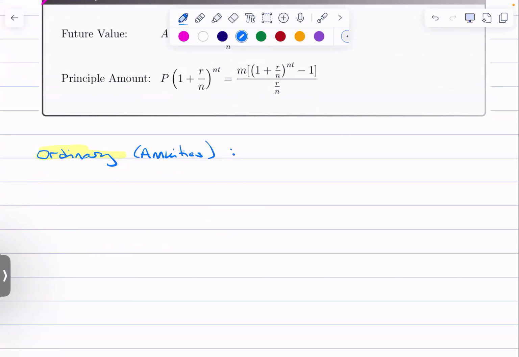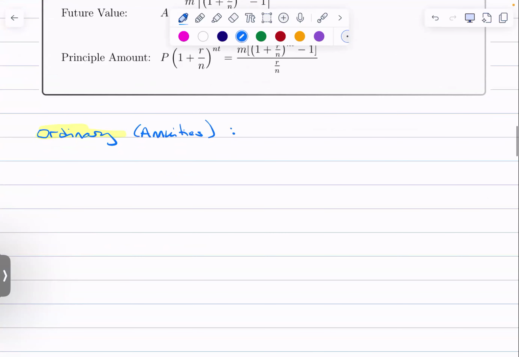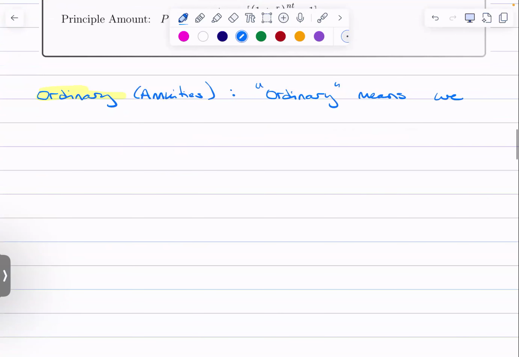Okay? So at the end of each month, at the end of each week, at the end of each year. And so the ordinary in this case means we make our payments at the end of the payment period.